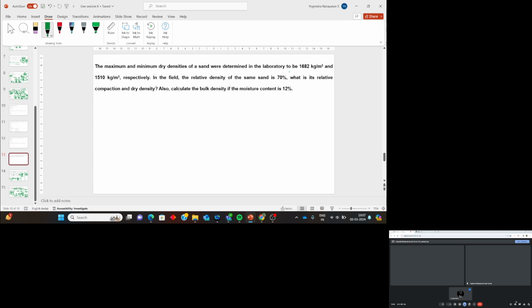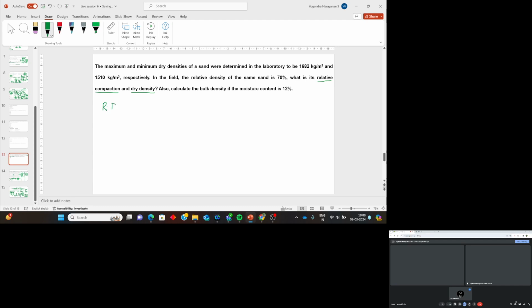In the field, they have given the relative density as 70%. Now they are asking to calculate the dry density and relative compaction. First you calculate dry density.